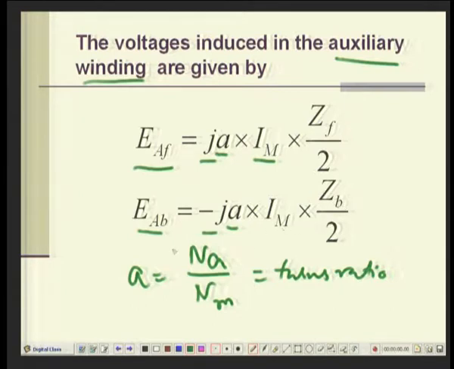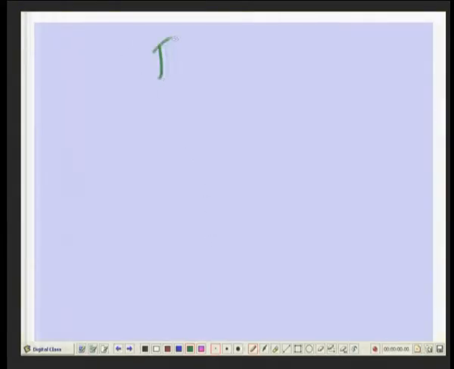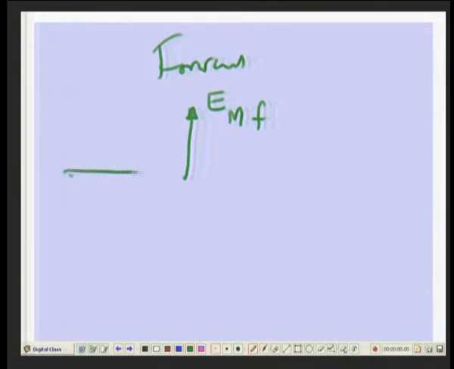Is it clear? Therefore, both forward and backward fields in the air gap will induce voltage in the main and auxiliary windings. The forward field will produce EM forward and EA forward, and the backward field will produce EM backward and EA backward. If there is a forward field, in the windings, EM forward, where will EA forward be, leading or lagging? Leading.